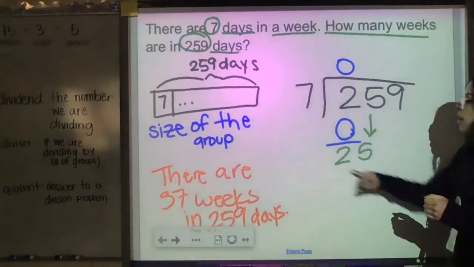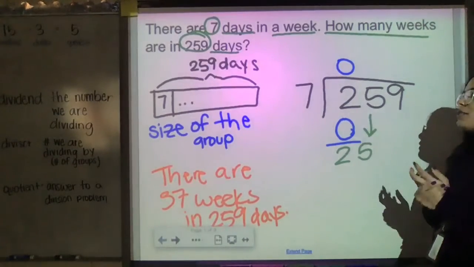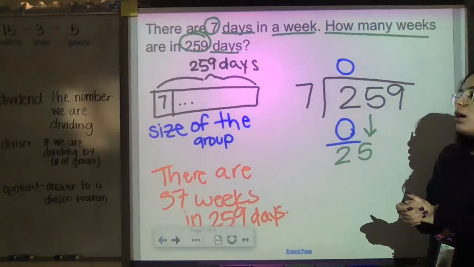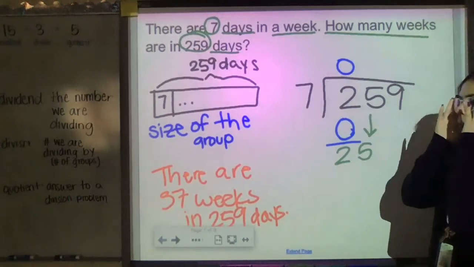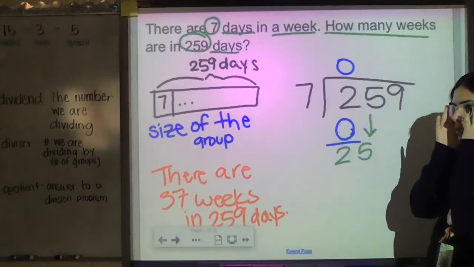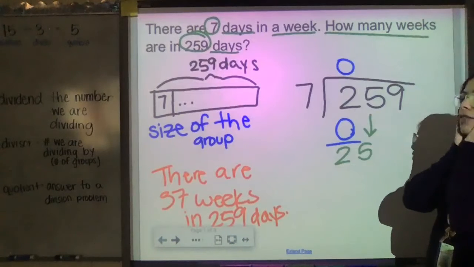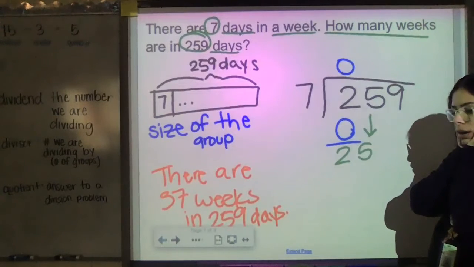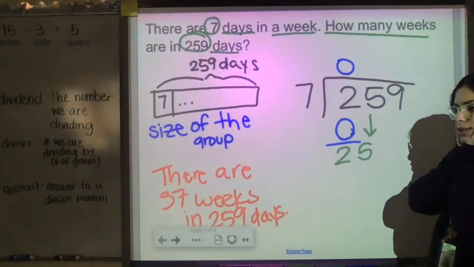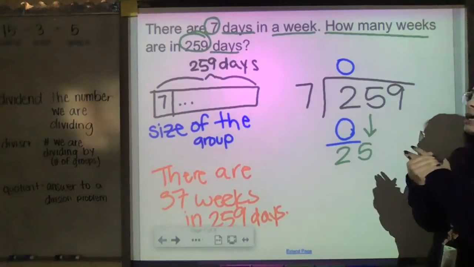So now I have 25 tens divided by 7. I'm thinking about my facts. 25 tens. Well, I know that 7 times 3 tens would get me 21 tens.